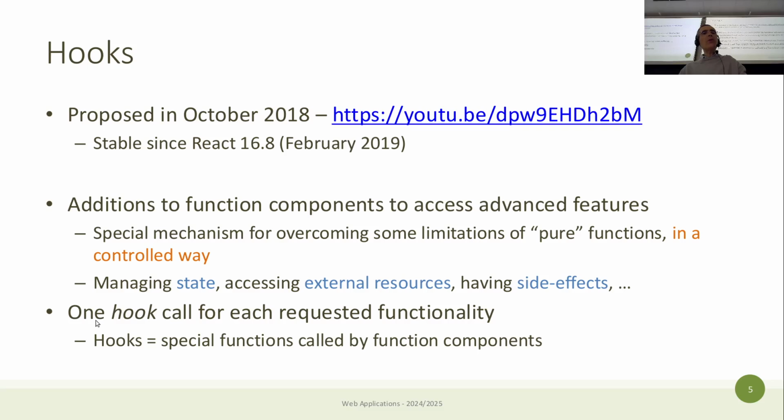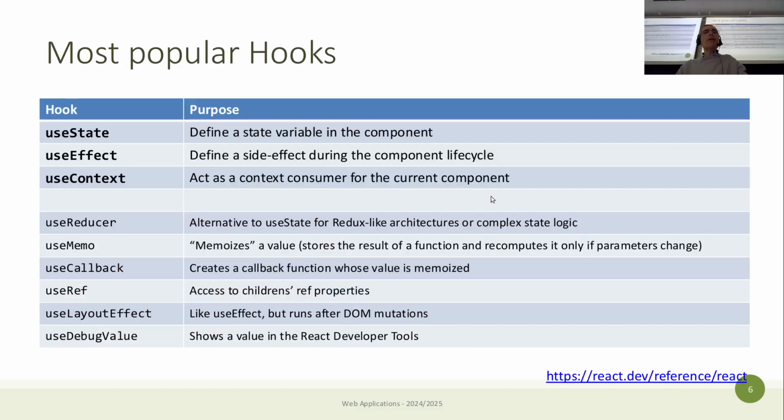And basically, we will have one hook call for each requested functionality. It means we will call functions defined by React, and they implement different functionalities, different features. One of these features is preserving a state. Okay. So there are many different types of hooks. We are going to see only 3 in this course, but it is not a limit. I mean, they are quite enough for our purposes.